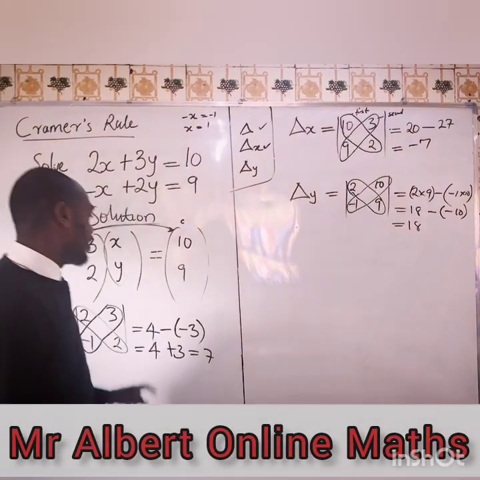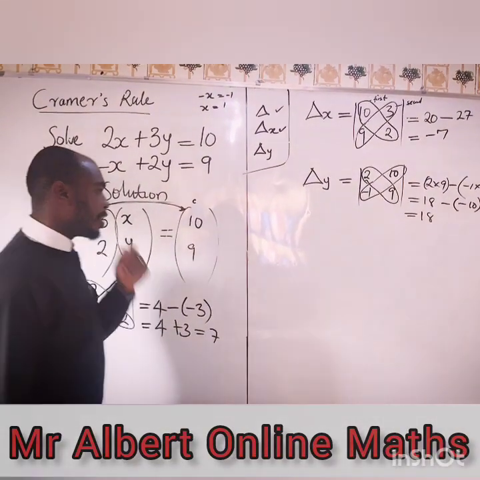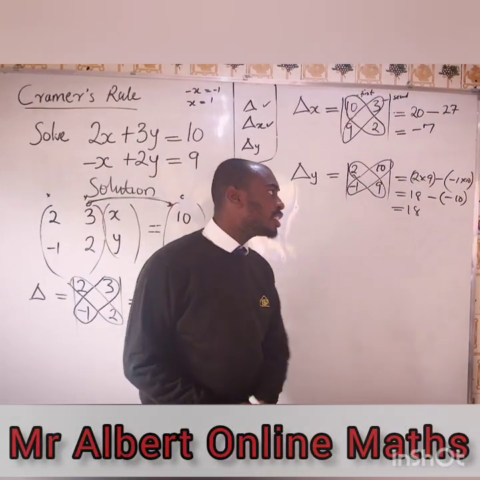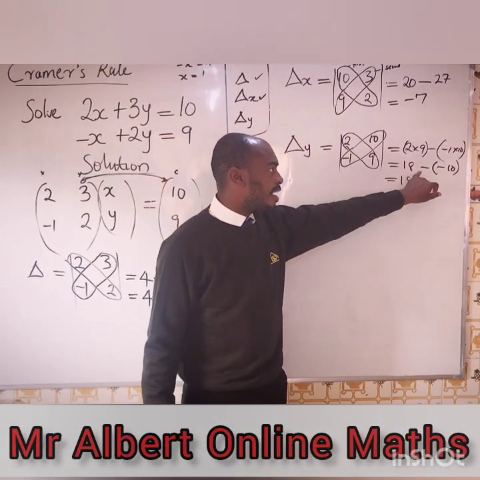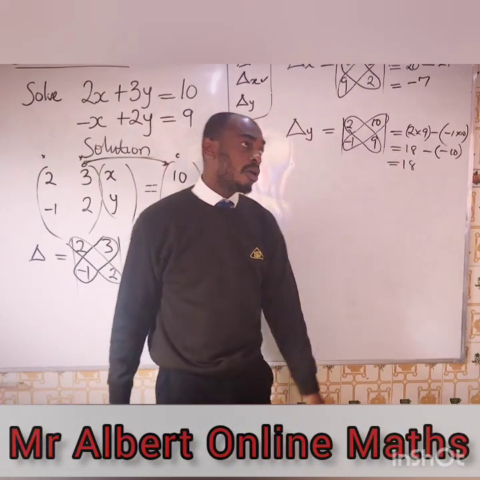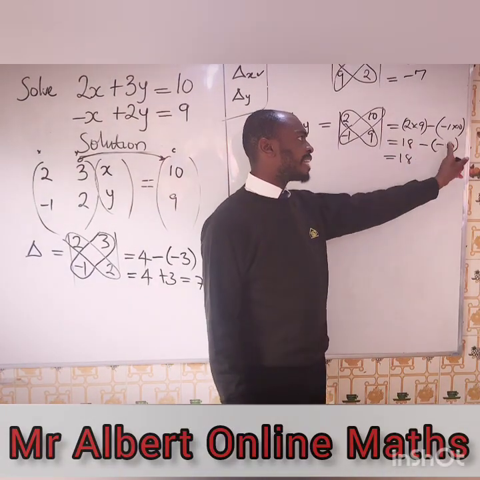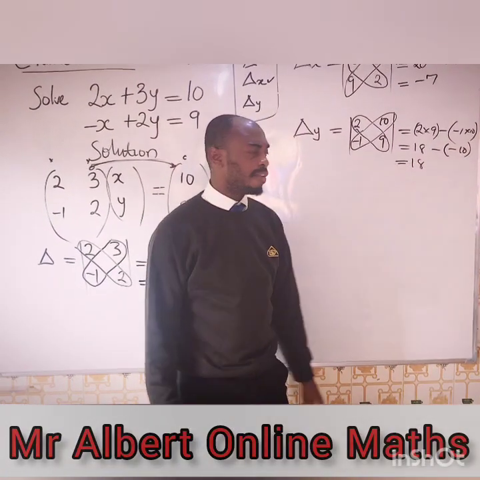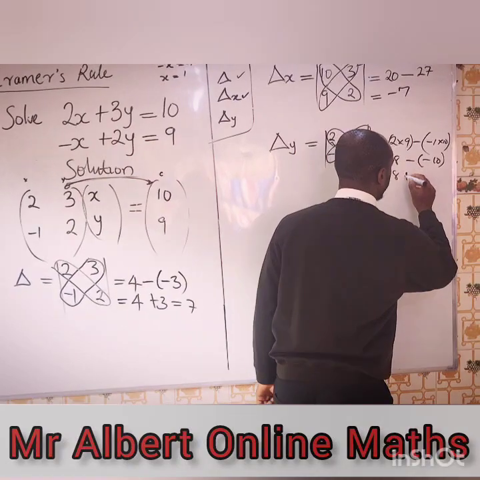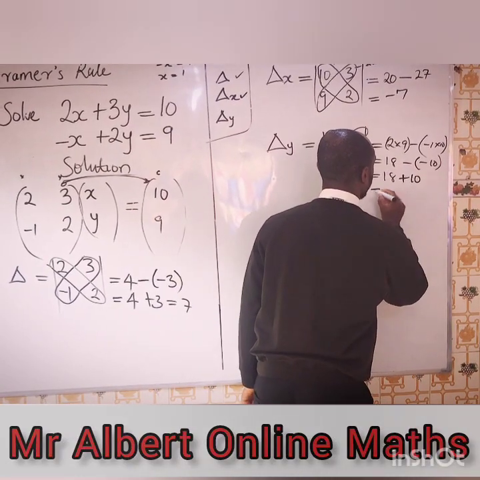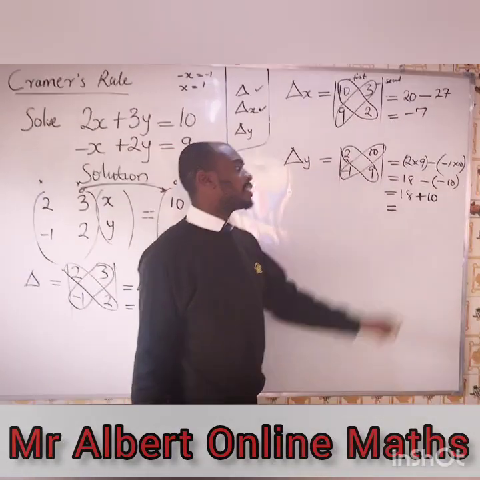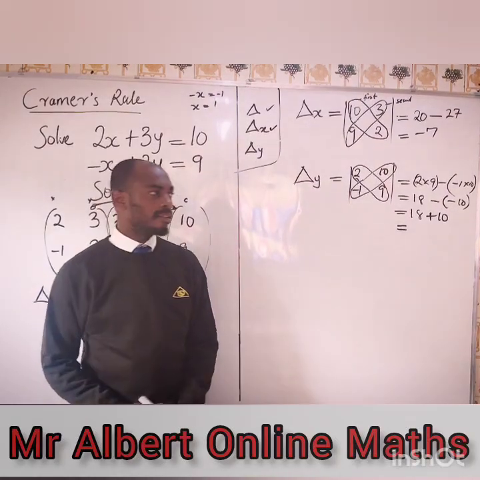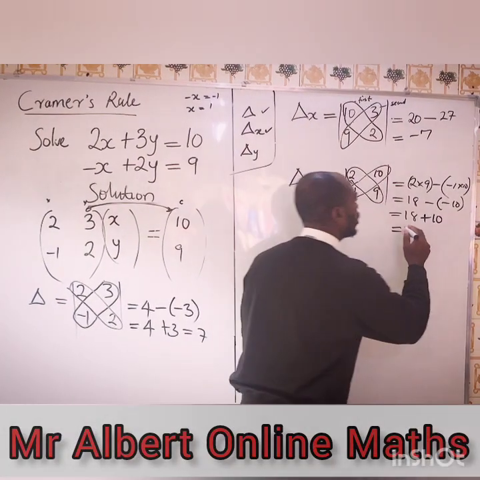Remember the same thing we did here, negative before a bracket, the sign will change. Now we have a negative sign here, so the sign will change. Or possibly we say negative times negative 10 to give us positive 10. 18 plus 10, we have 28. So we are done with this.